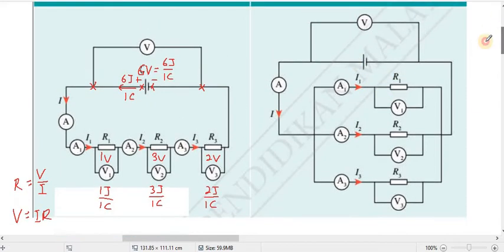For a parallel circuit, this one is the total potential difference, the main one. And the potential difference for each of the components connected in parallel is the same. They are all the same.